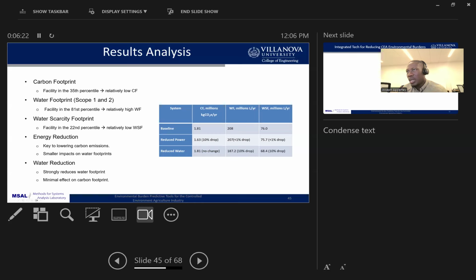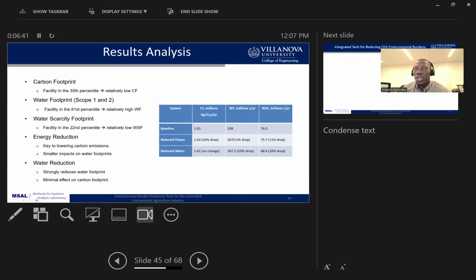And then the 10% reduction in water results in no change in the carbon footprint because it has no impact on the emission factors. But there is a 10% drop in the water footprint and then the water scarcity footprint.